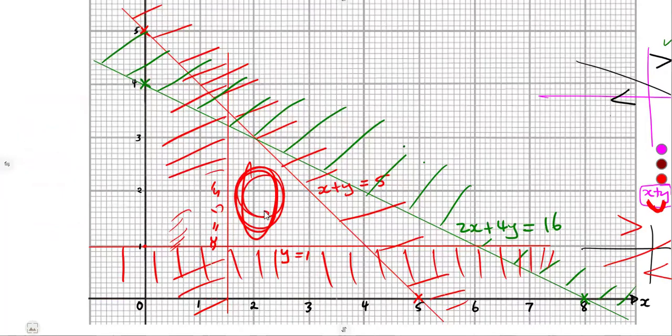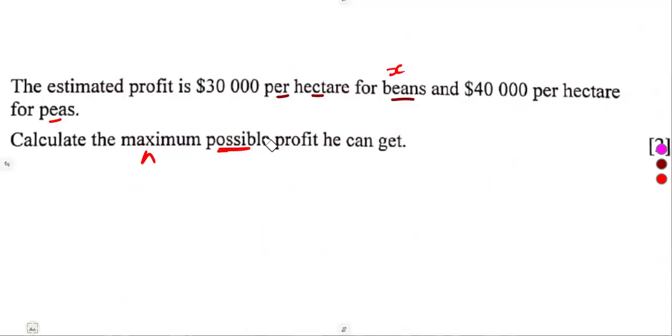There's a profit. But out of those profits that we can obtain in the region where there are peas and beans at the same time, the question needs us to focus on the maximum, not the least or the smallest. They want the maximum.